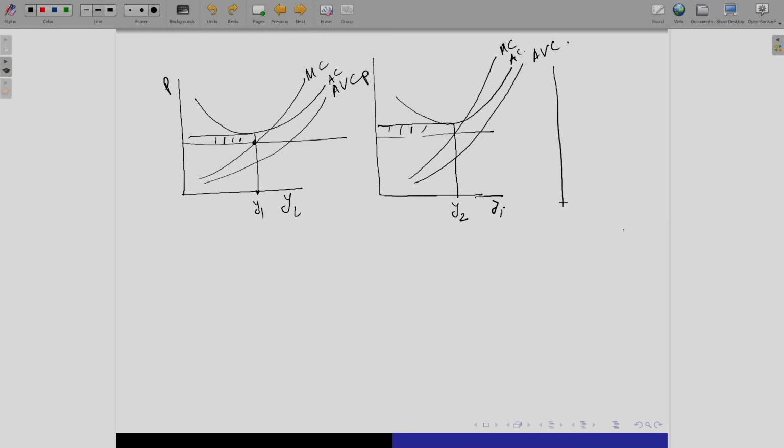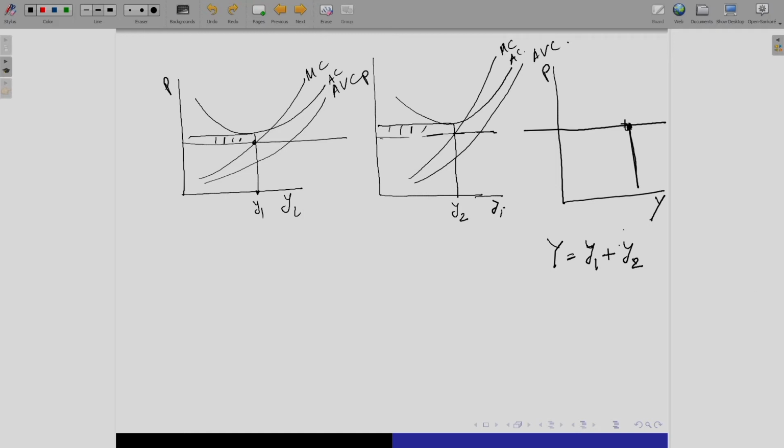So the market supply at this price, and this is capital Y, is equal to, okay, so at this price it will be the sum of, suppose, this much amount of output and here this amount of output.